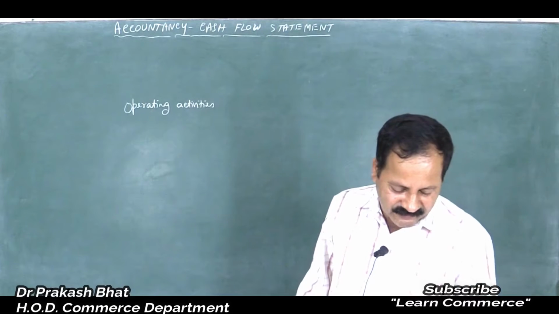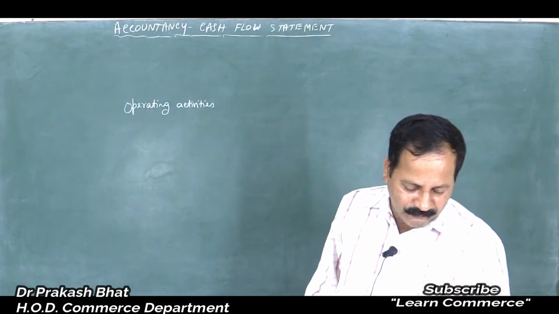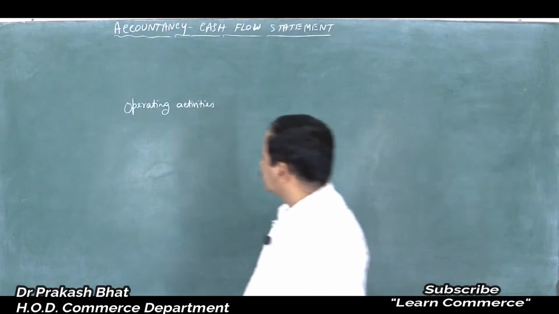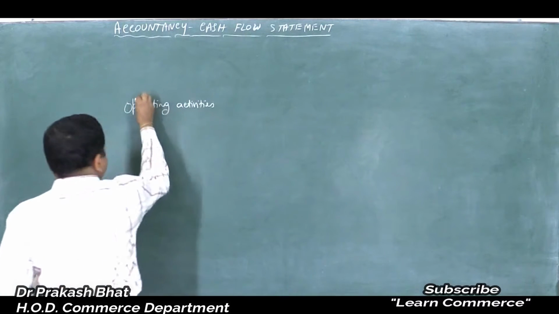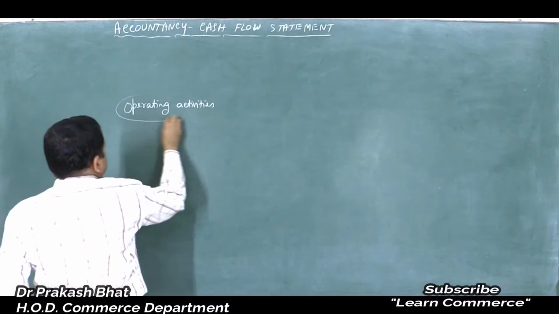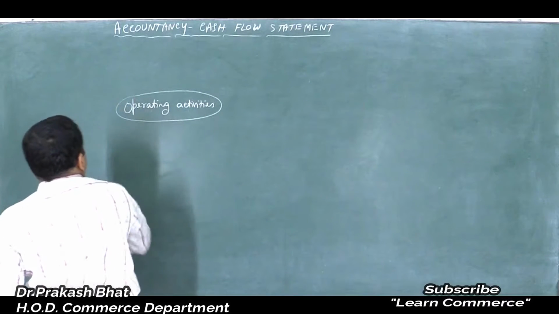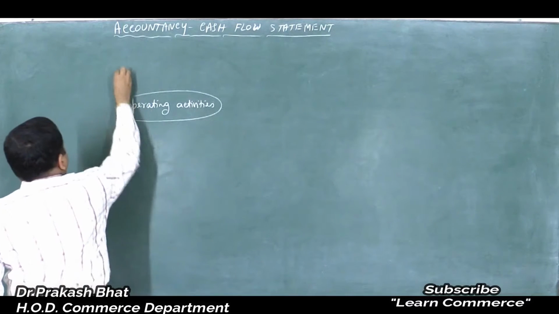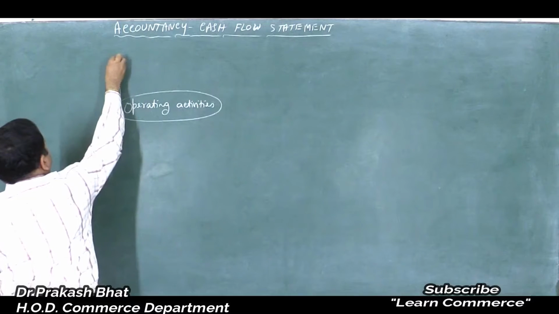Operating activities: proceeds from sale of goods and services to customers. Make an arrow mark here.